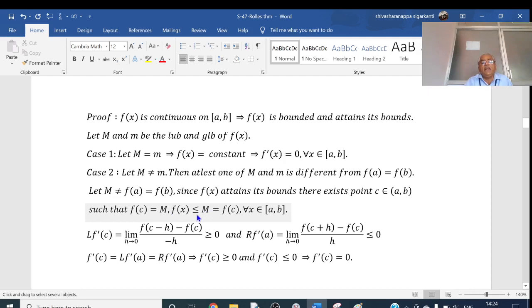And here we have taken this capital M equal to f of c.